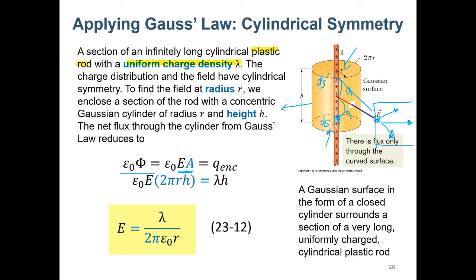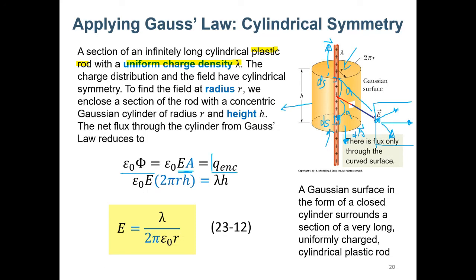For the top part, the dA should be pointing upward, and for the lower part, the dA should be pointing downward. So there will be no flux contribution from the top part and the bottom part. There will be only the side part contributing to the net flux. And we assume that the area of the side is A and Q enclosed.